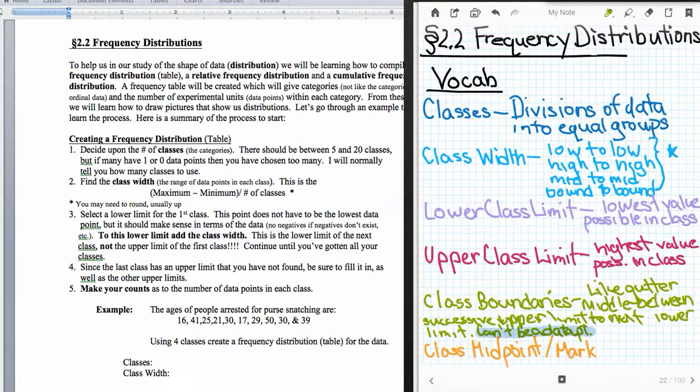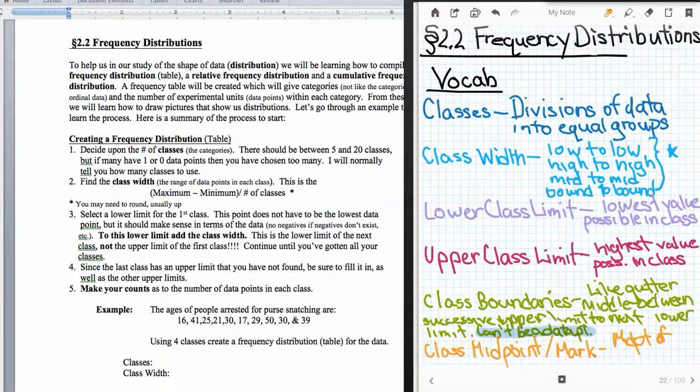All right, now the next thing that we're going to describe is what is a class midpoint or a class mark. So a class midpoint or a class mark is exactly what it says. It's a midpoint, so the midpoint of a class. And another word that we can use is the mark. So if you ever hear that, that's what it is.